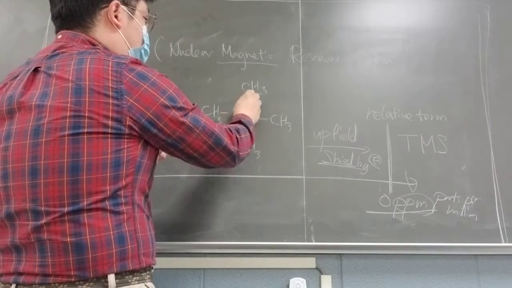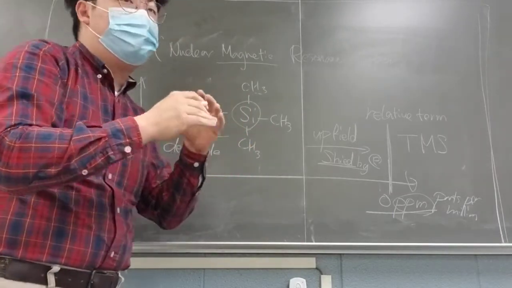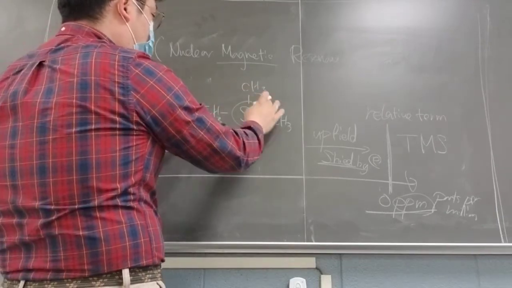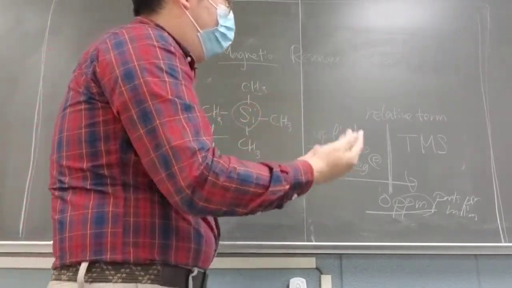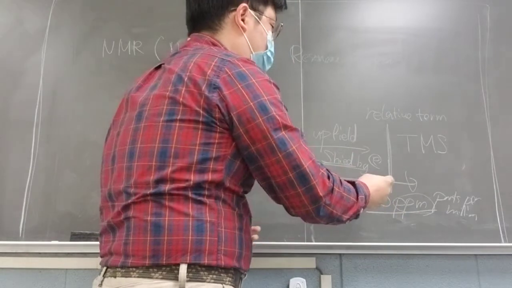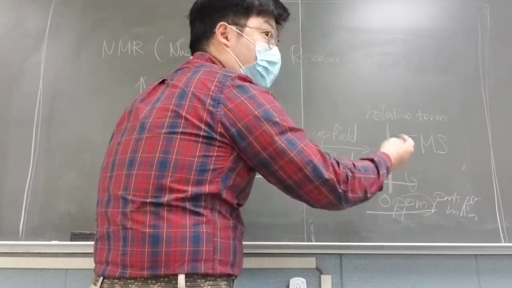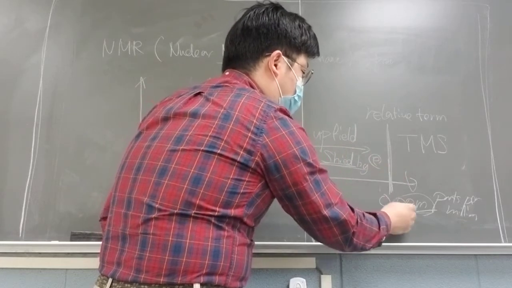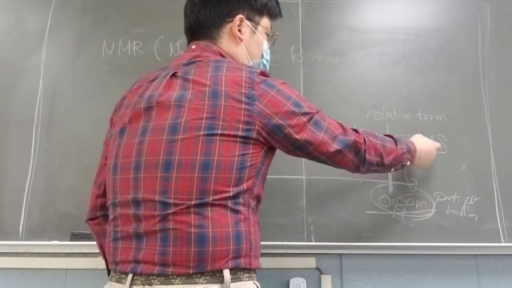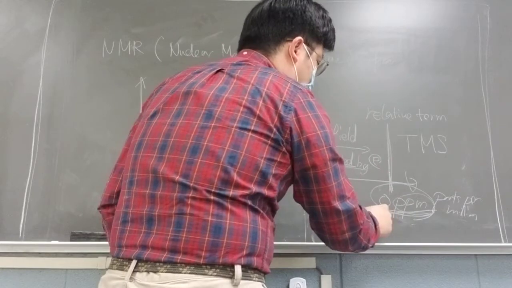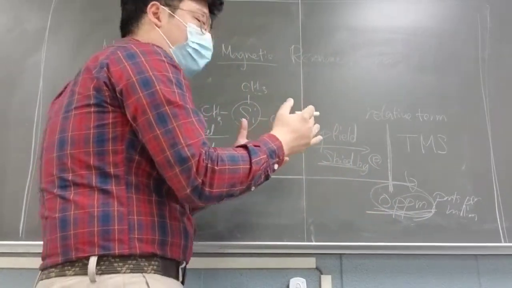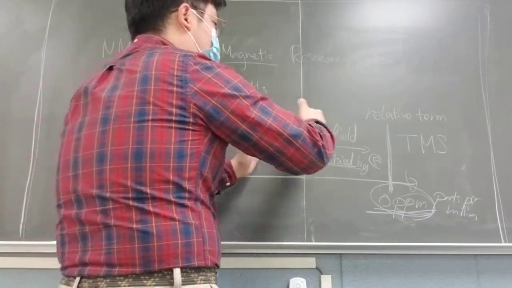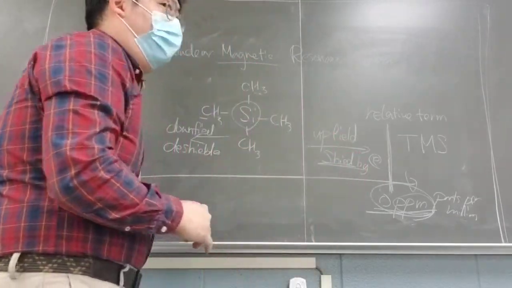And also, the central atom is a silicon that is also much lower in electronegativity than carbon. So carbon is also happy with the central atom too. It's very shielded with a lot of electrons. This is a really good sample that we can set as a standard on the upfield position. So this TMS position we set as 0. That means we're going to compare that number to your sample so you can have some signal to analyze.